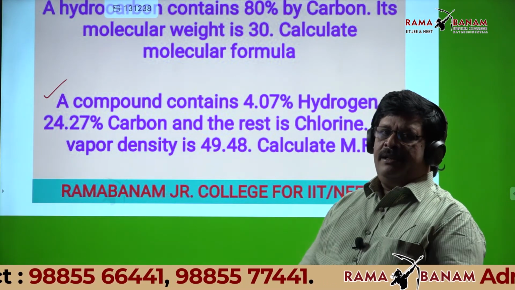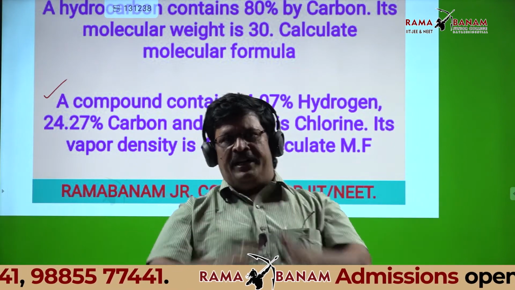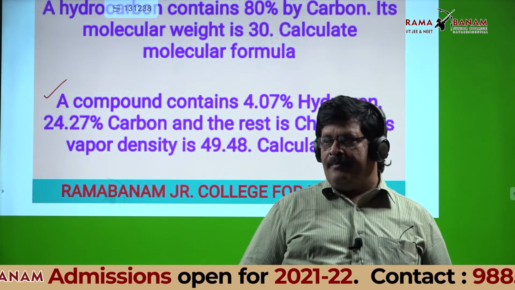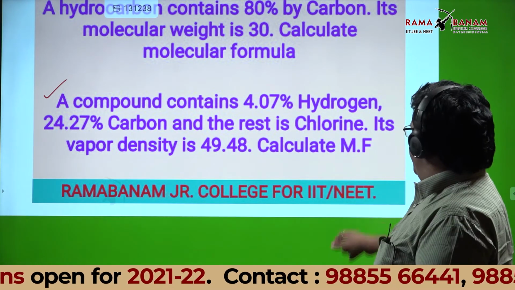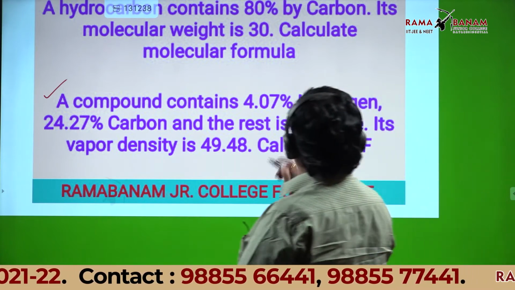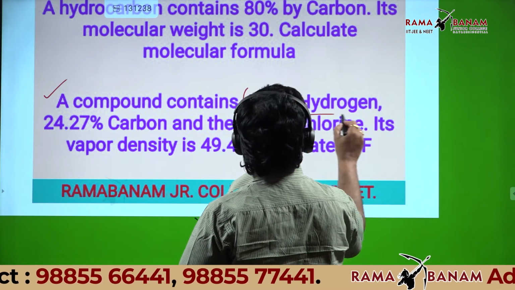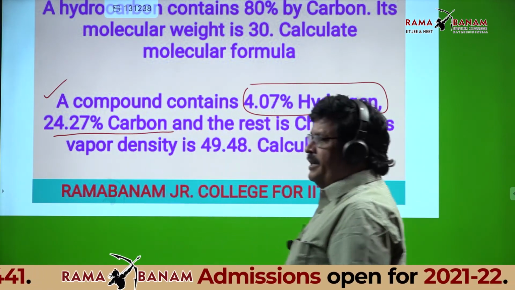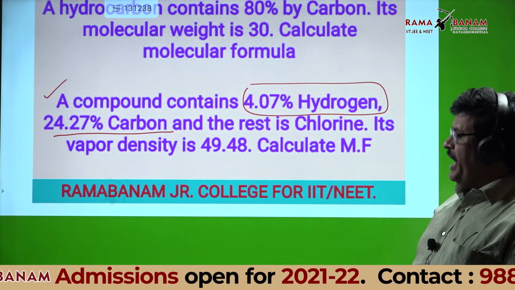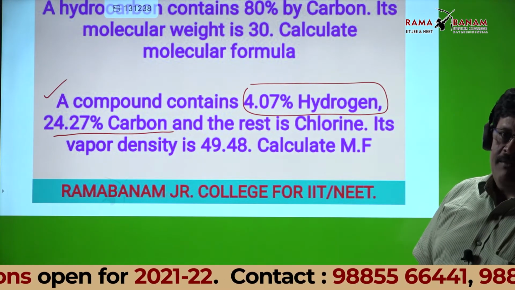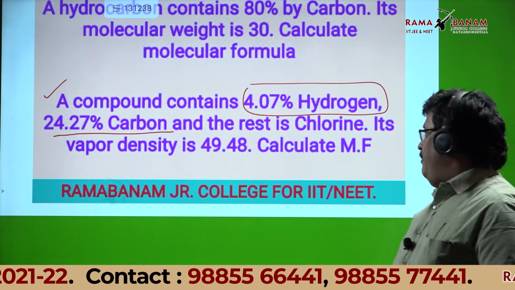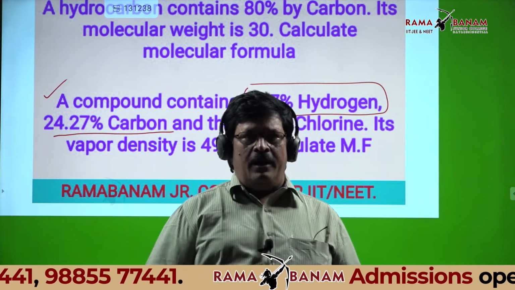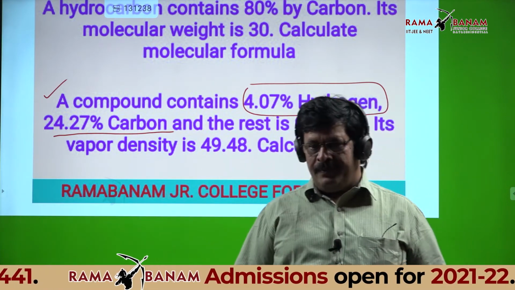A compound contains 4.07% hydrogen, 24.27% carbon, and the rest is chlorine, and I gave the vapor density of that molecule. I want the molecular formula. Can you do this? Yes, sir.